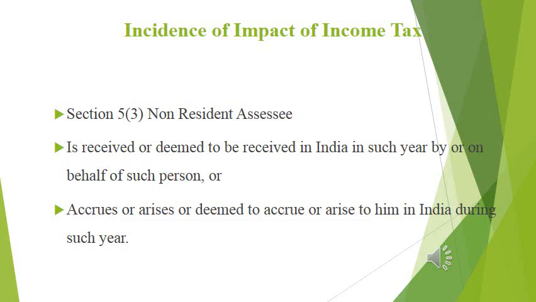So from this discussion it is very clear that the highest impact or incidence of tax liability is on resident, then on not ordinarily resident, then on non-resident. So it is just like a pyramid. The bottom level is resident, then not ordinarily resident, then non-resident.